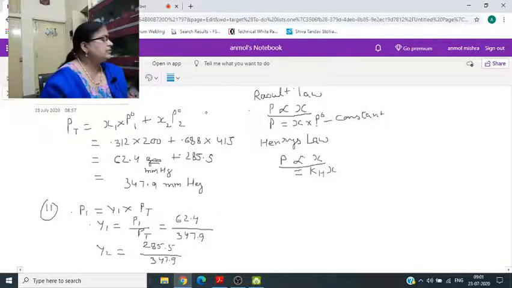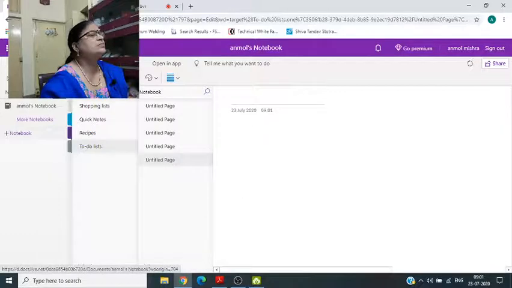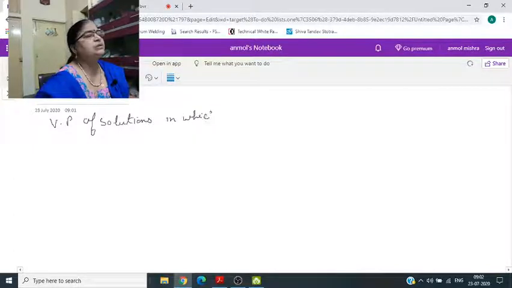Next is vapor pressure of solutions of solids in liquids, that is vapor pressure of solutions in which the solute is non-volatile.